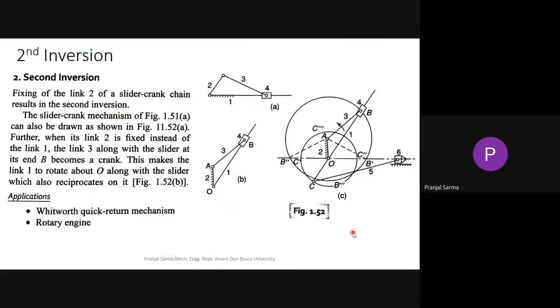Next, the second inversion. I believe from your manufacturing technology, all of you have studied the quick return motion mechanism. Yes, have you heard about the quick return motion mechanism from your manufacturing science or manufacturing technology subjects? Yes or no?